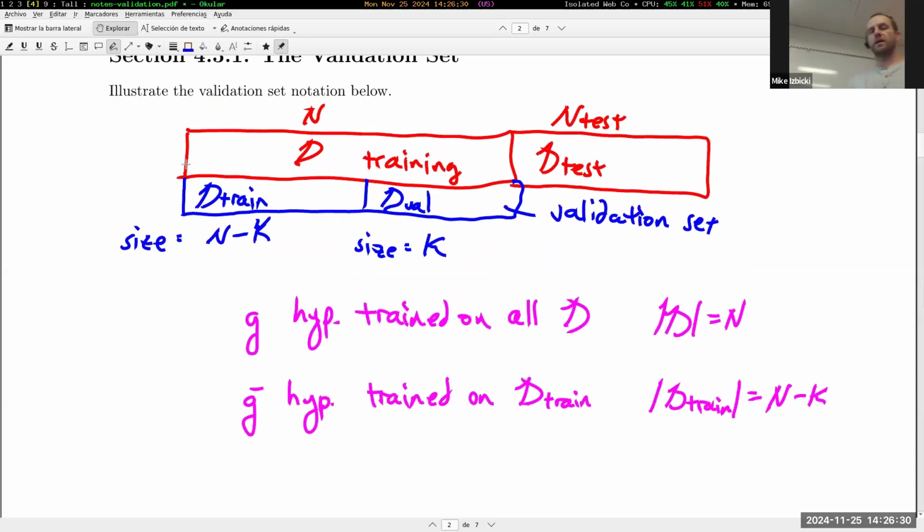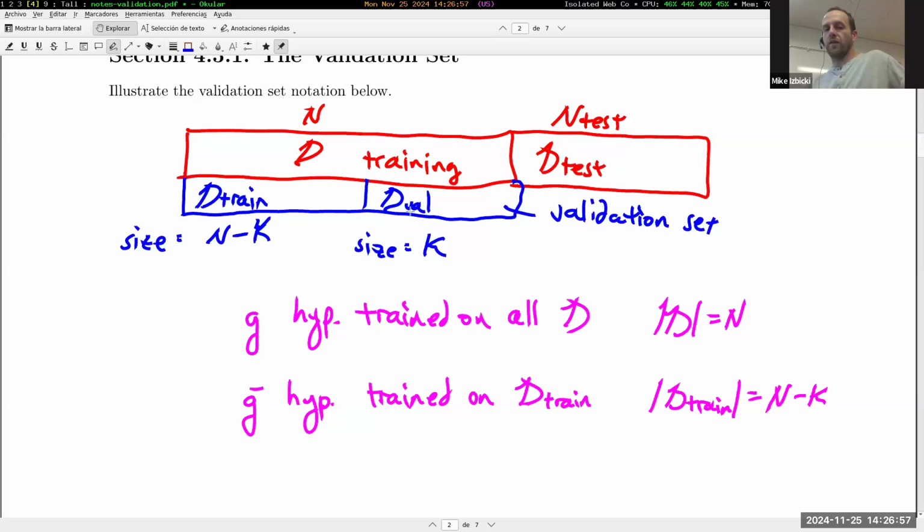The motivation for splitting our training data set into two parts is that we will train or select our hyperparameters based on this validation set over here. It turns out if we were to select our hyperparameters directly on the test set, then we would inadvertently overfit our data.